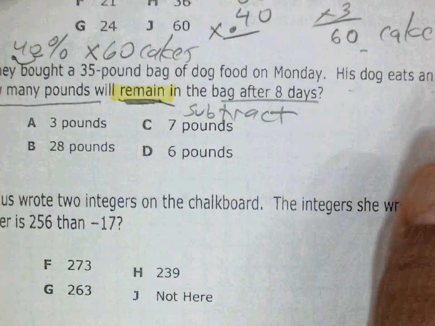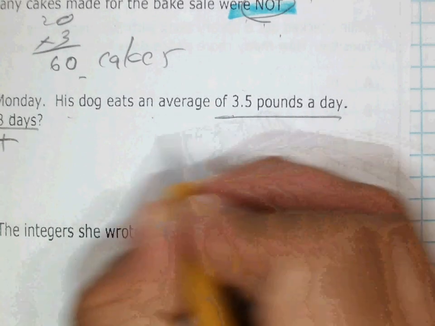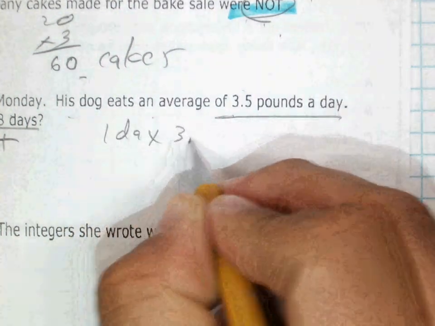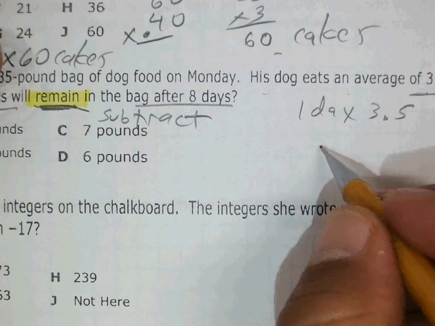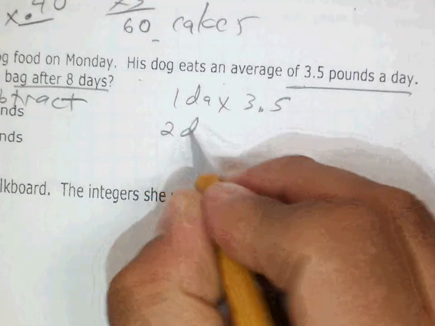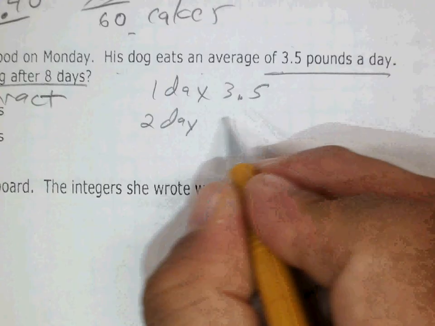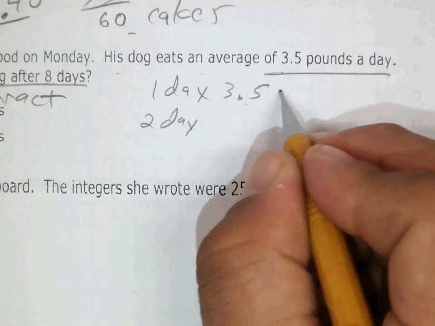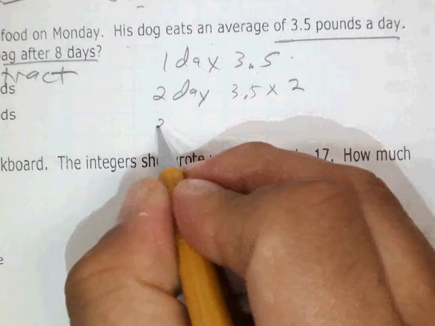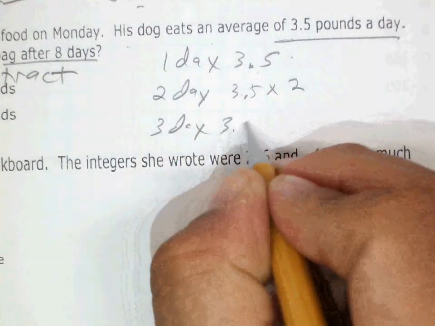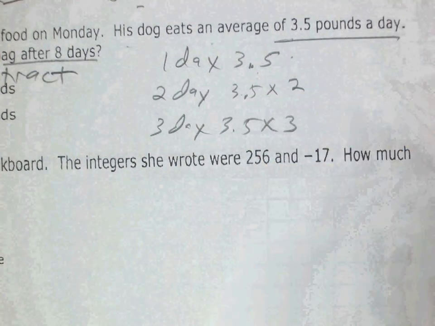Okay, and so 1 day, let's see there, average of 8 days. So 1 day, 3.5. Okay, so that means if he does 2 days, it'll be another 3.5, or 3.5 times 2. Okay, and if he does 3 days, 3.5 times 3 days.